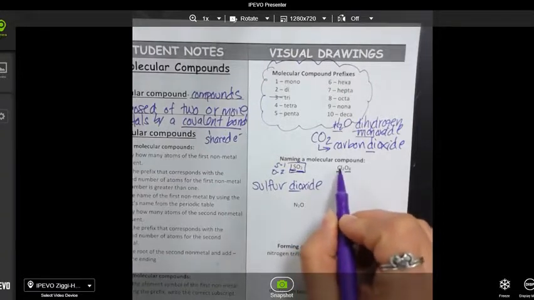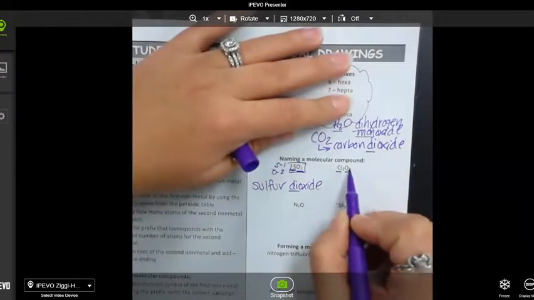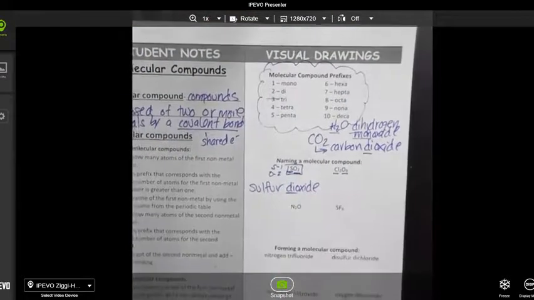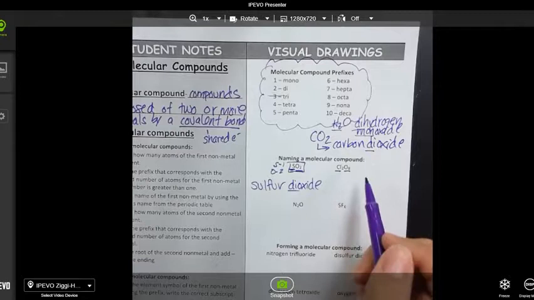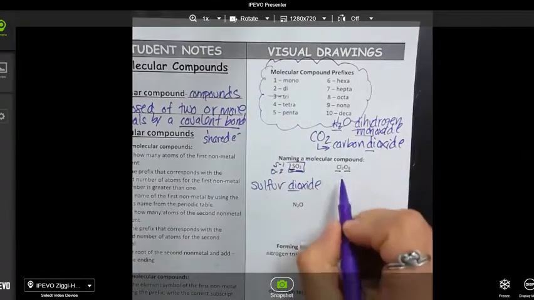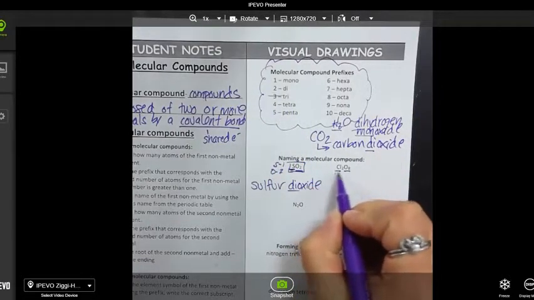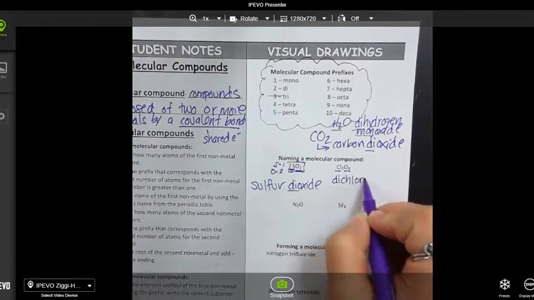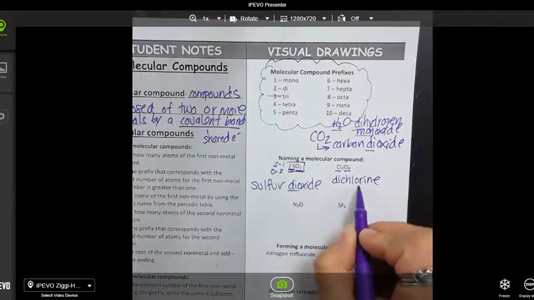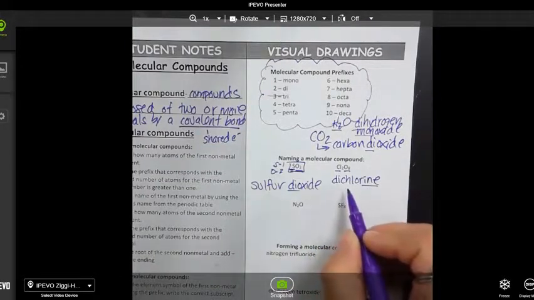Okay, here, next one. We have 2 chlorines and we have 8 oxygens. All right, so what is the prefix for 2? It's di. So I am going to add a prefix here because it's more than one. So this becomes dichlorine. Okay, we keep the ending of the first word the way it appears in the periodic table.